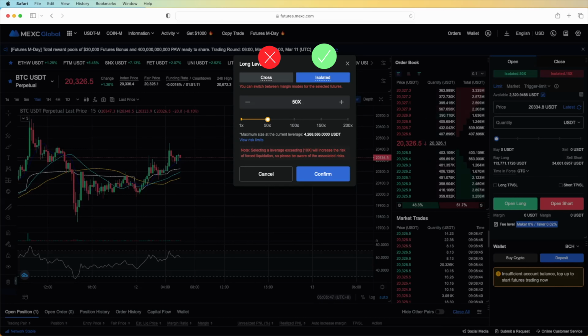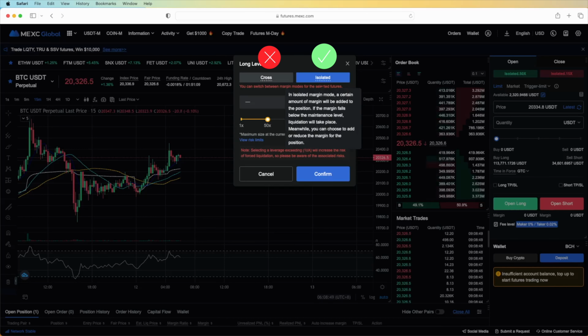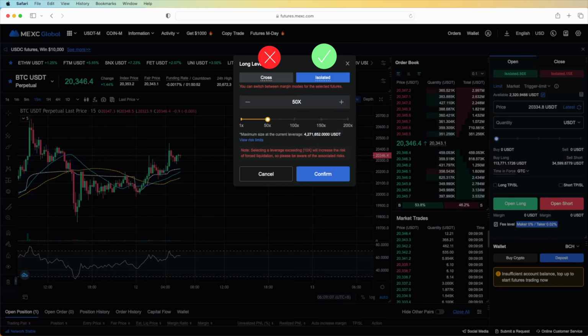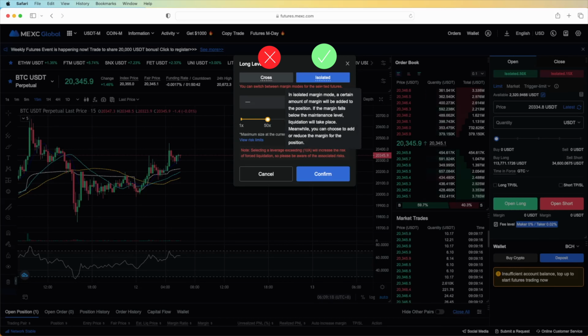I highly recommend going for isolated. For my strategy, I don't use any DCA. I just use isolated. I have a very simple strategy: a stop loss that is not going to change, and a take profit. That's all.